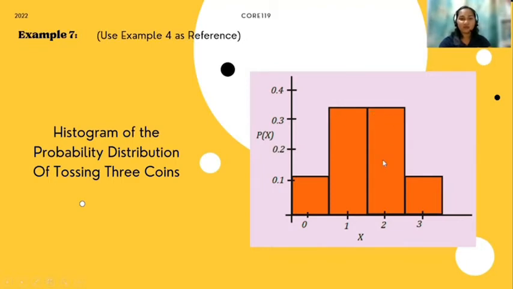Same with 4, so it is around 33 or 36%. For 3, we also have the same probability as 0. So the histogram for such a random experiment and probability distribution is presented here on our screen.